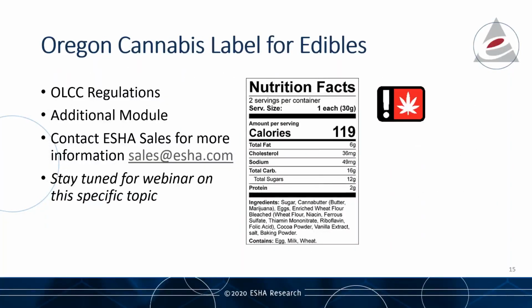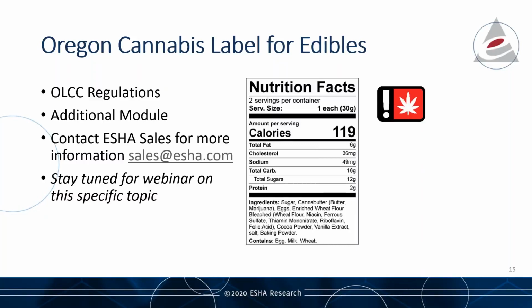And then the cannabis label. So again, this is an Oregon cannabis label for edible products. We want to continue watching federal regulation, so we're paying attention to the FDA discussions and possible developments of regulation there. But as we wait for those developments, we wanted to monitor individual states.